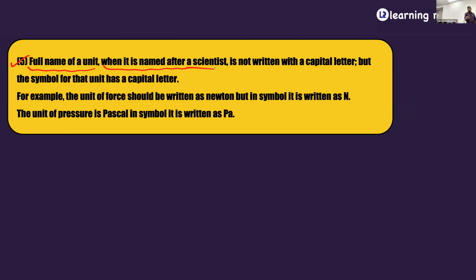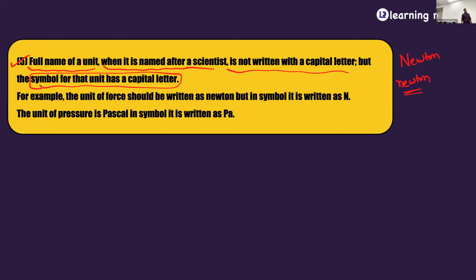For example, Newton should not be written as capital NEWTON. Rather, you write it as lowercase newton. Even if it is the name of a scientist, you start with the lowercase.